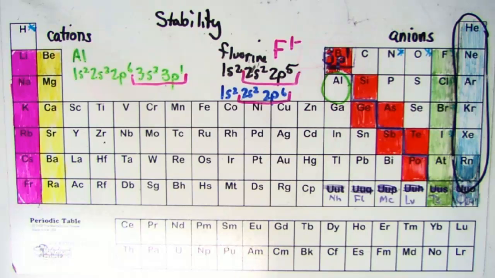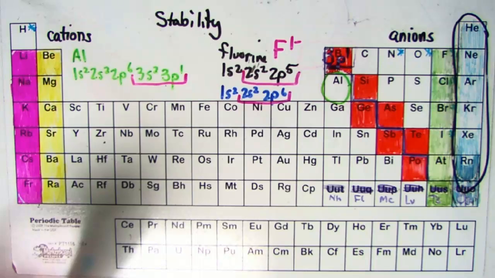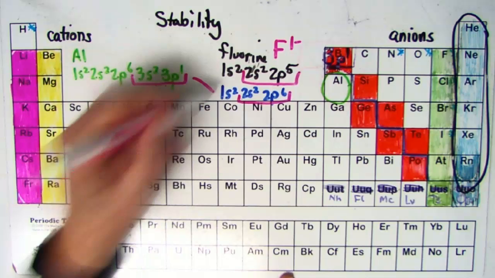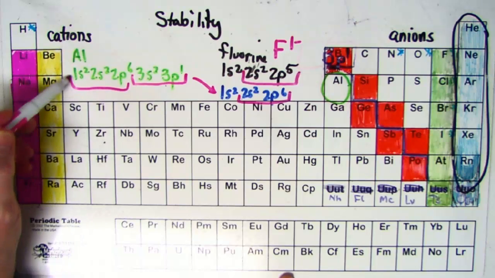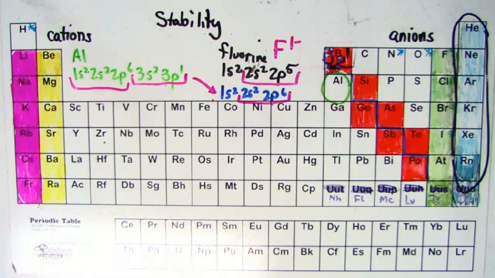That's also neon. So when that happens, the aluminum ion that is formed is just like the noble gas also, because look, these electrons are gone, and what do you see here? You see neon's noble gas form. All right?